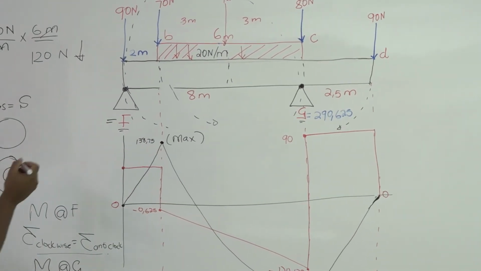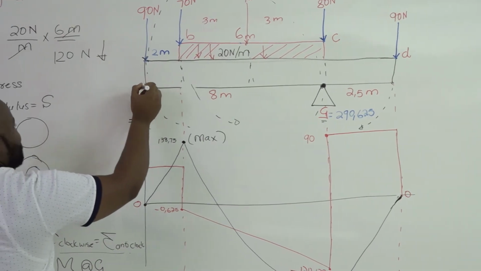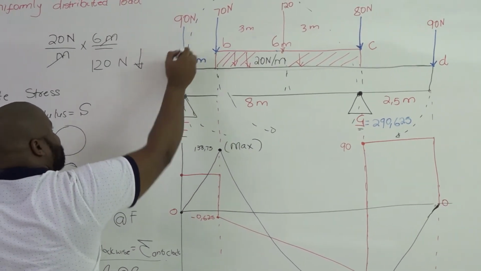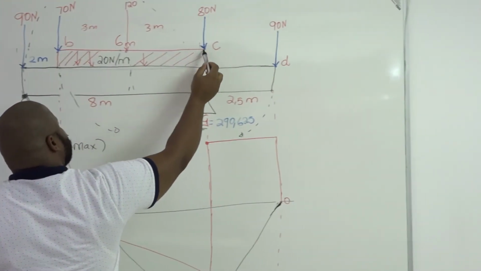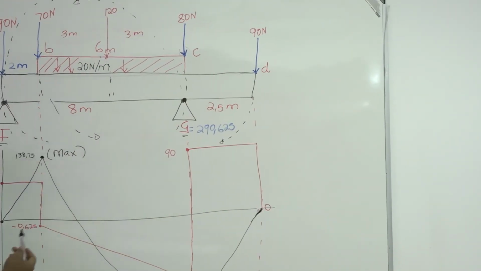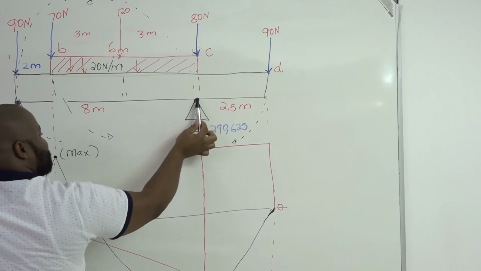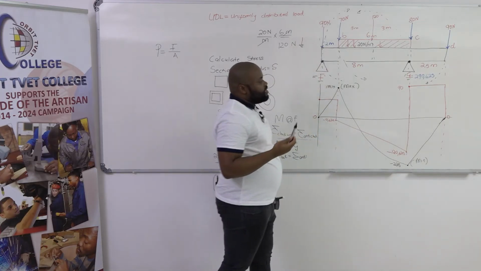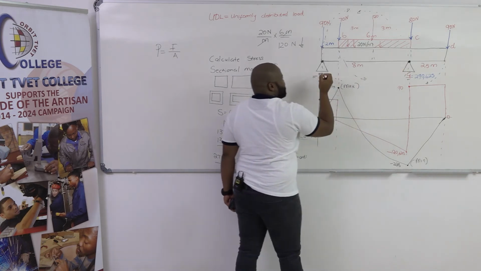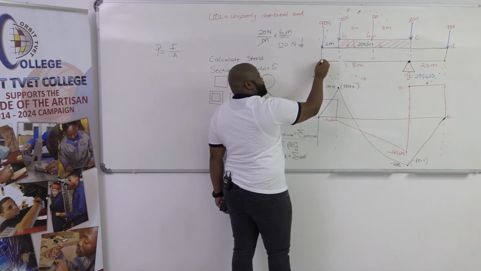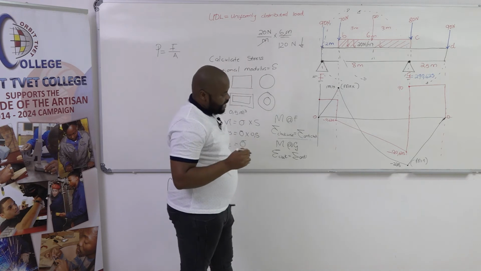Because when we were taking moments at F, we did not consider 90, but we considered 80, even when it was on the same axis as G. The reason was that 80 was not on the fulcrum point at that particular time.